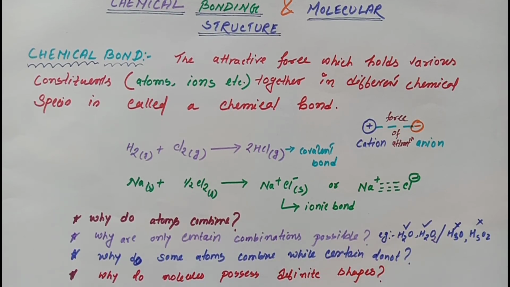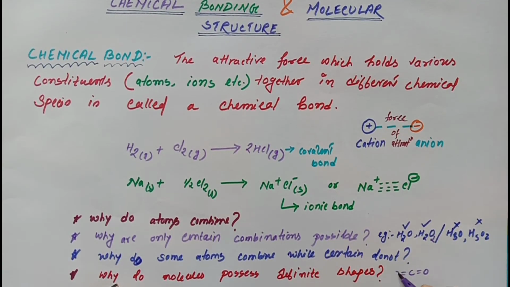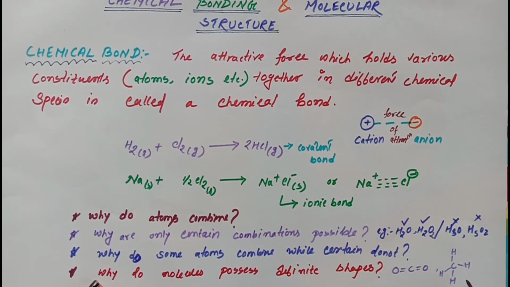Then the last one is, why do molecules possess definite shapes? Water has a V-shaped structure, carbon dioxide, CO2, has a linear shape, and methane, CH4, has a tetrahedral shape, and these shapes are fixed in such compounds.